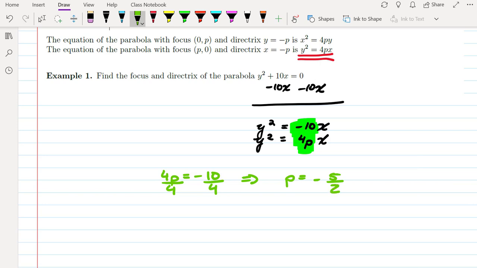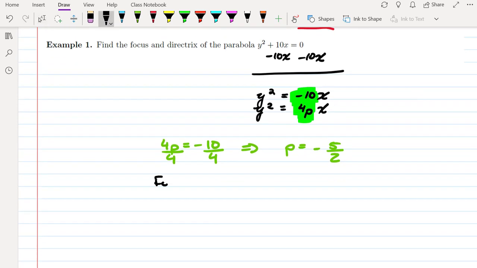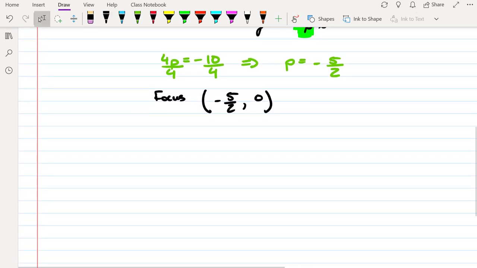So if p is negative 5 over 2, and we know that we're using this form of the parabola here, our focus is going to be at (negative 5/2, 0), and the directrix is going to be at x equals negative p.